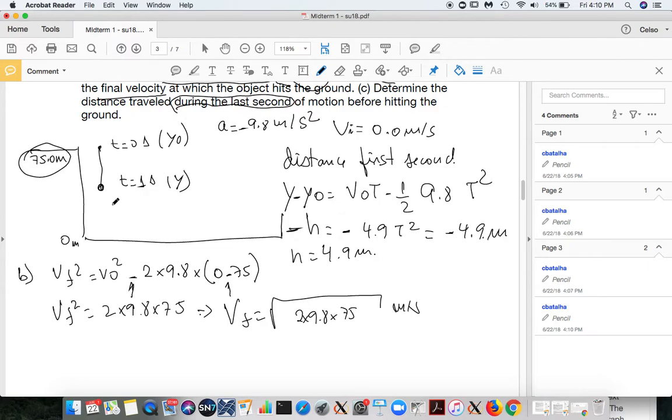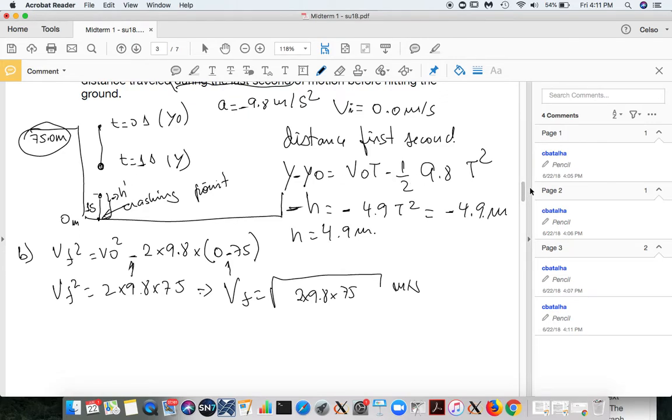Because in the last second, so let's say the last second is here. That's the crashing point. The time is 1 second here, and that is the last second. So we want to find basically this distance over here, right? What is this height over there? Call it h prime or so. So how do we figure that?